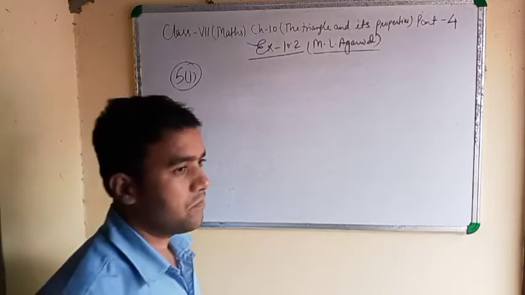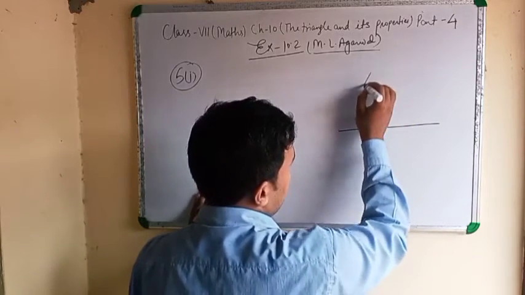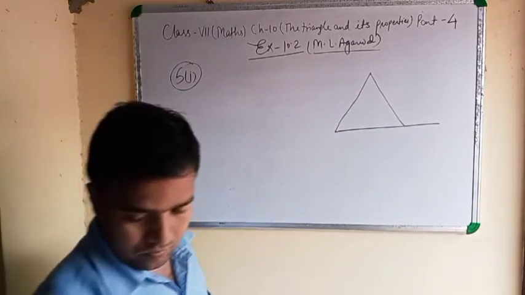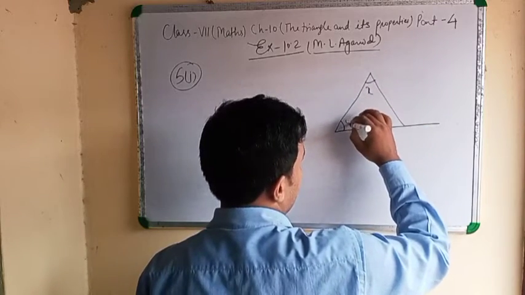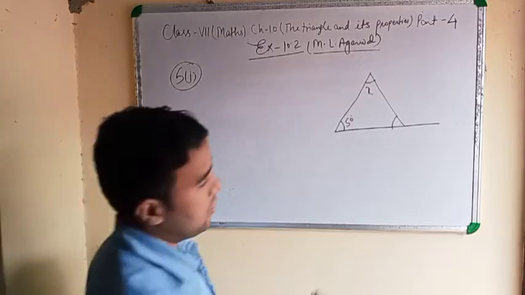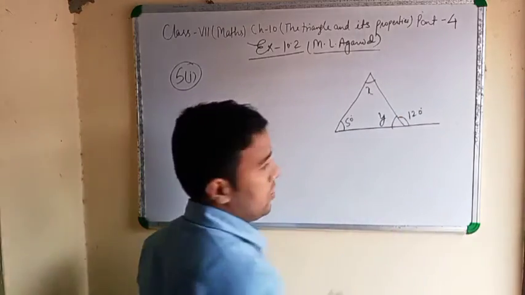First. It is a triangle. X, 50, y and 120.